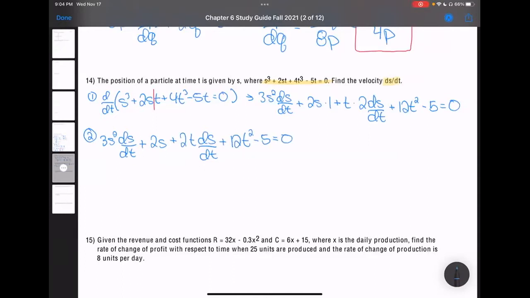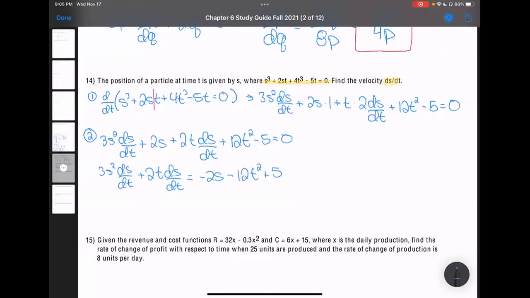And now we subtract all the terms we don't need over to the other side that don't have ds/dt. Negative 2s, subtract 12t squared plus 5.